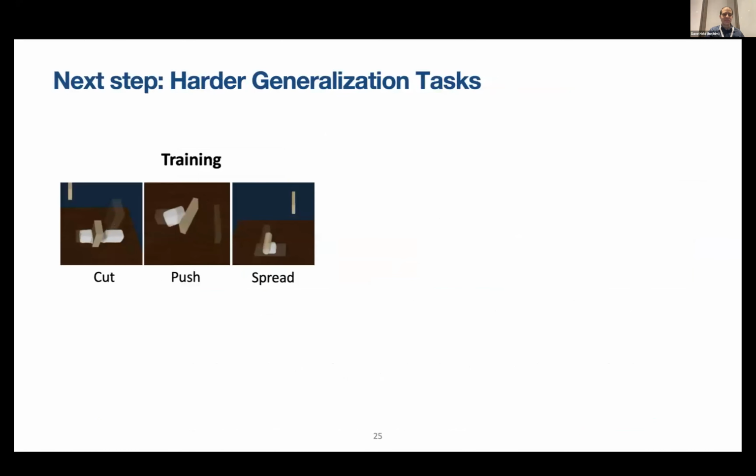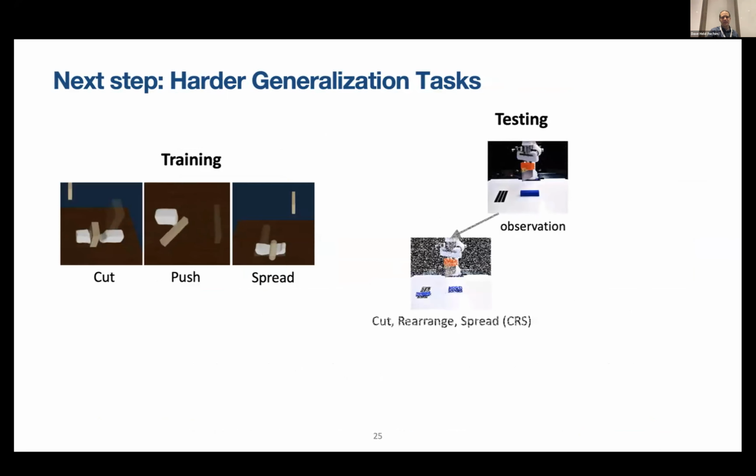Okay, now that we've achieved that, we said, how can we push this further? We want to be able to generalize to reason over more sets of objects. So if you cut the object into multiple pieces, how can you reason over these different pieces?